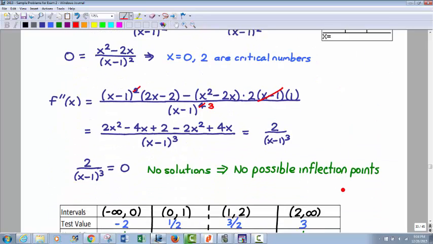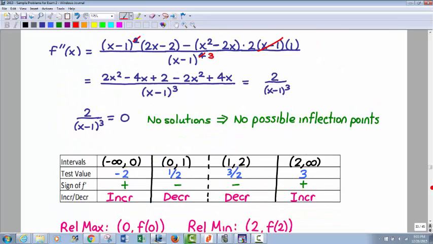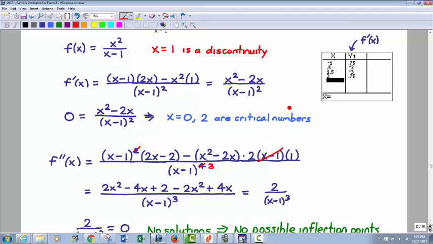So I'll jump down here to the sign chart. So you see you have 0 and 2, and then you have 1 there. Once again, there's my dashed line for the discontinuity. But that does give us 4 intervals for increasing and decreasing. But keep in mind where that 1 is cannot be a min or max. So you pick your test points as usual, and then you plug this back into the first derivative. You see I have it right over here.